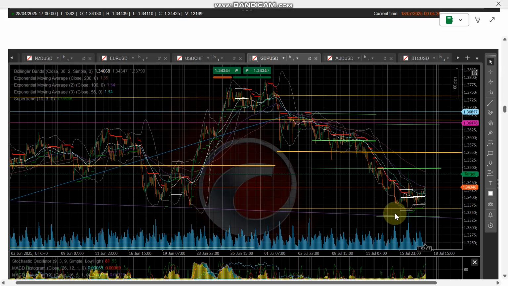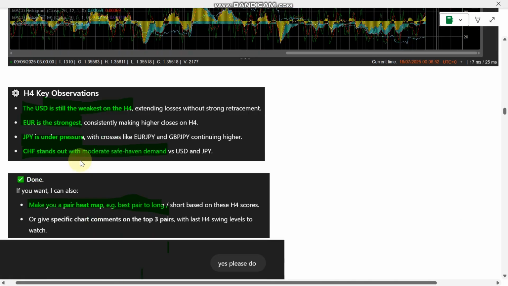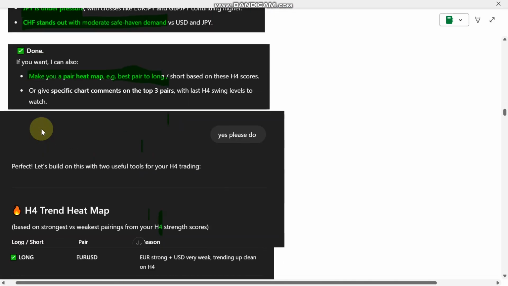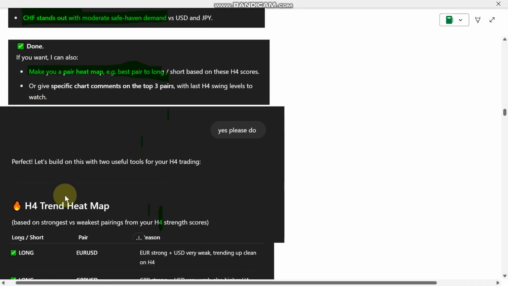That's GBP USD, time to buy. But the buy on the 1 hour's touch, maybe drop back. That's the 1 hour issue. Okay, H4 key and so on.